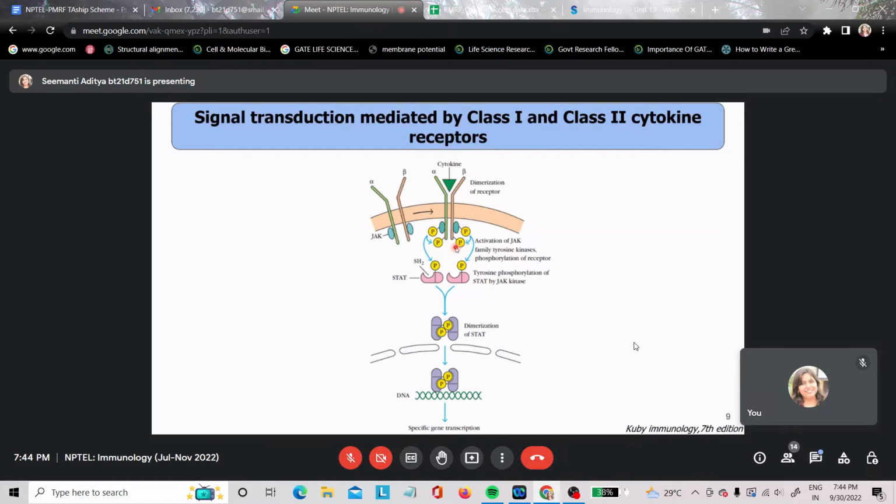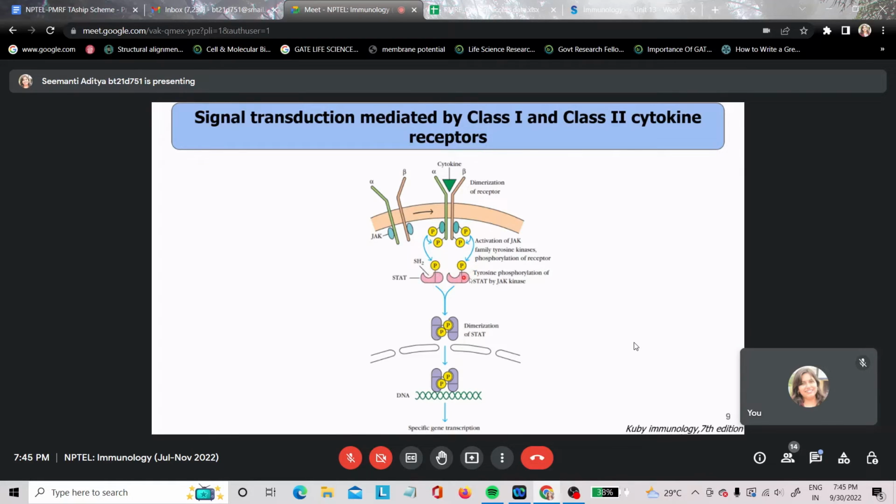This protein will phosphorylate all the cytoplasmic tyrosine residues present in both the alpha subunit and the beta subunit. Now, this will carry out the docking, or it will send the signals for STAT molecules to come and bind over here. So STAT molecules will come and bind over here in the region of JAK, and JAK will also phosphorylate the tyrosine residues present in the STAT.